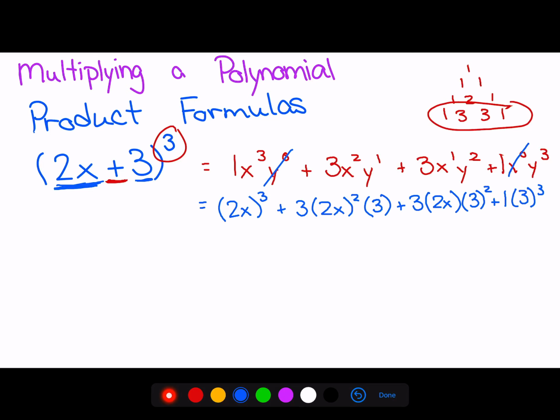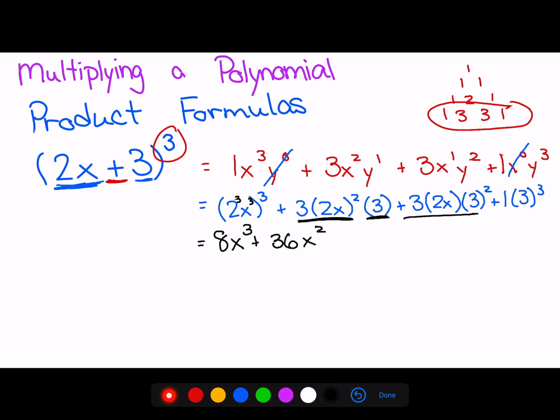All right, let's use our exponent rules that we learned to go ahead and solve this. 2 cubed will give me 8x cubed. Again, this is the same as just cubing both of these. Plus 2x squared is the same as 4x squared times 3. So 4x squared times 3 will give me 12x squared. 12x squared times 3 will give me 36x squared.